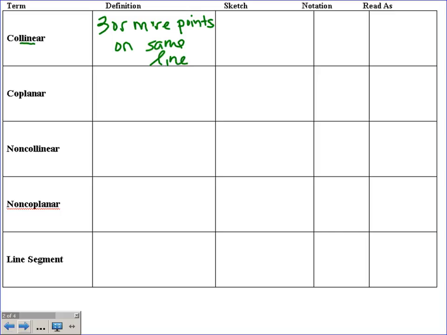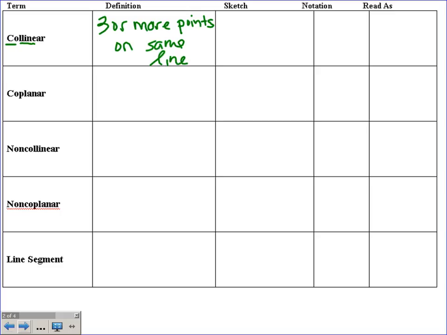Everyone underline the word line in collinear. And then the word co. It says three or more points on the same line. Collinear means 3 or more points on the same line.